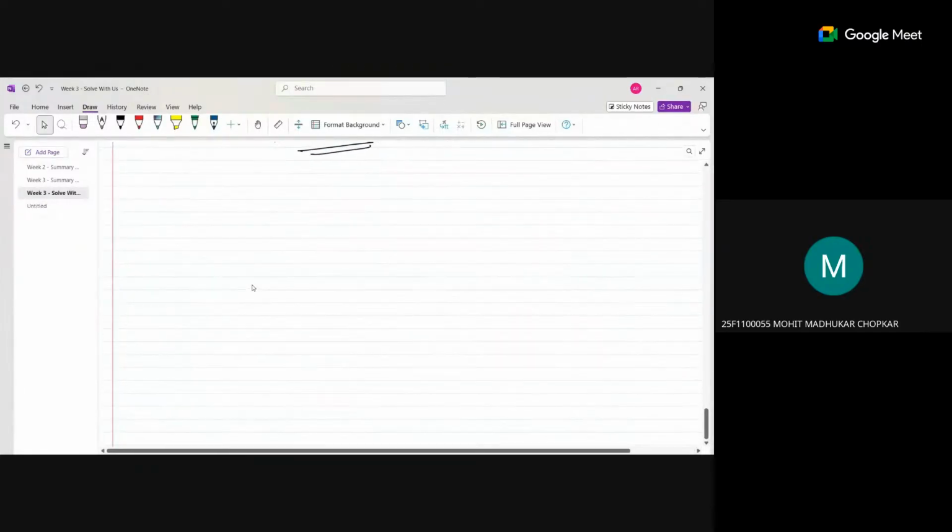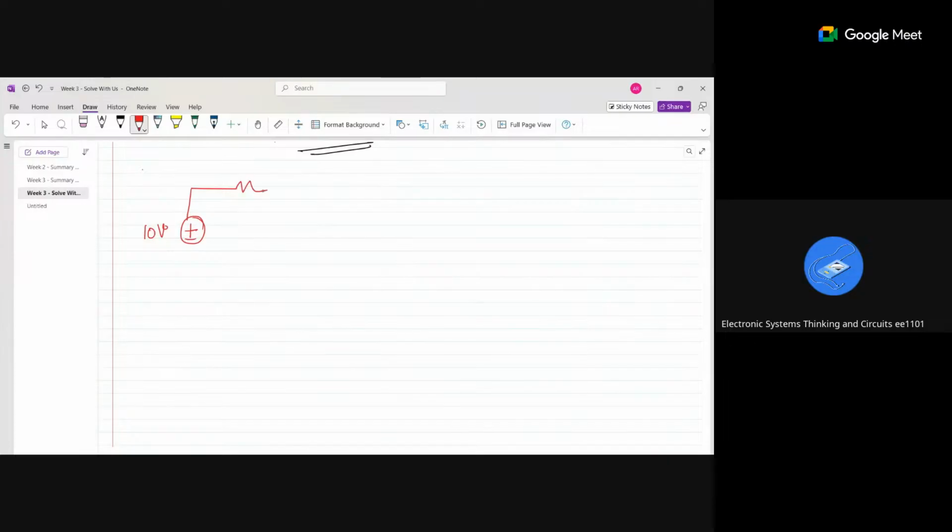Do you want me to discuss one problem with mesh analysis? KVL, KCL, ma'am, I was not clear with that topic. So there is a 10 volt source connected with a 10 ohm resistor, a 5 ohm resistor, a 5 volt source, and a 5 ohm resistor.